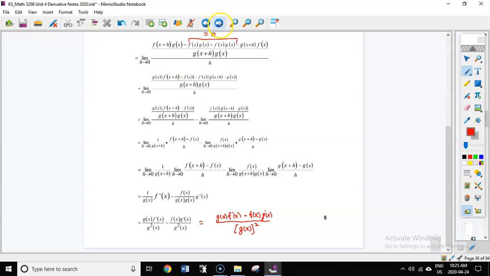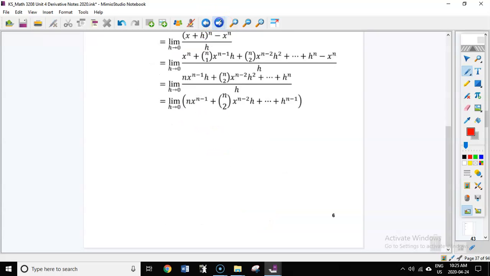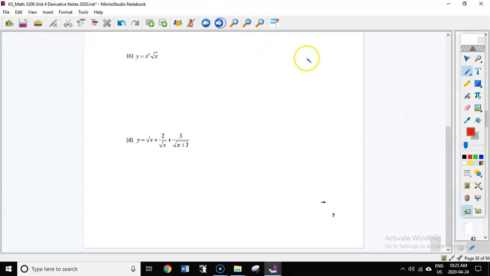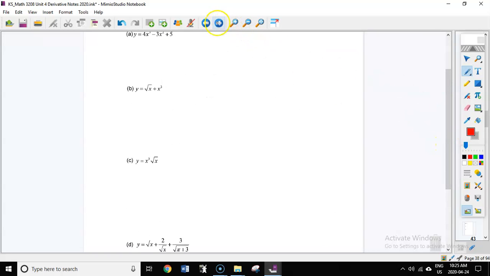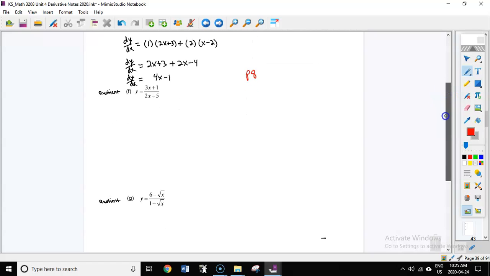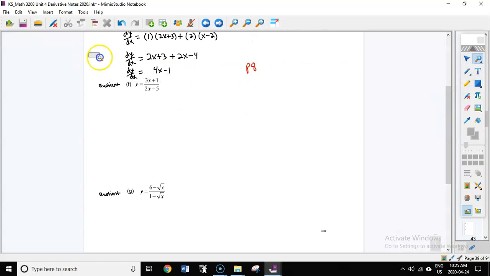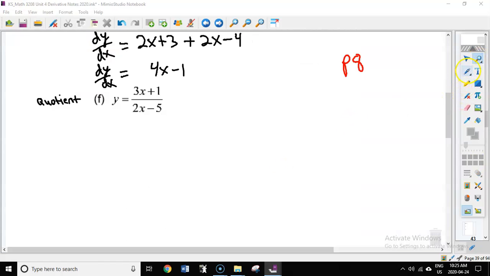Now let's look at a couple examples. So if we jump to page 8, I just want to do these two for this video. So we look at the first one. We got a numerator and denominator. You can do that on the side.